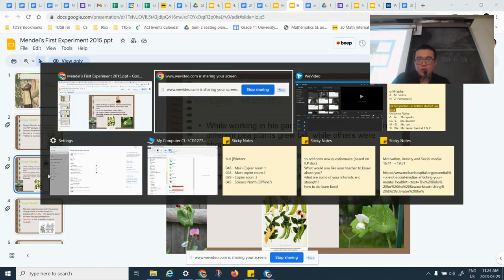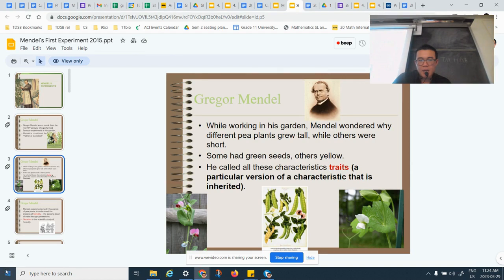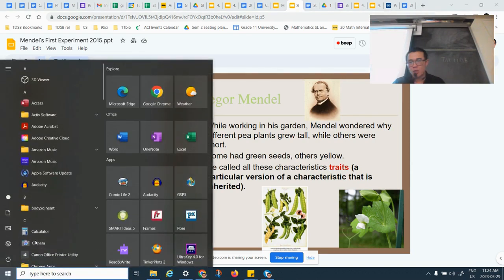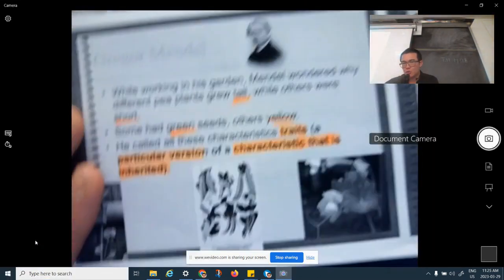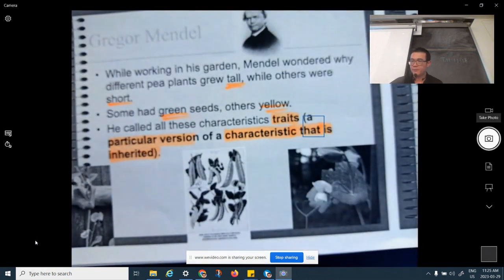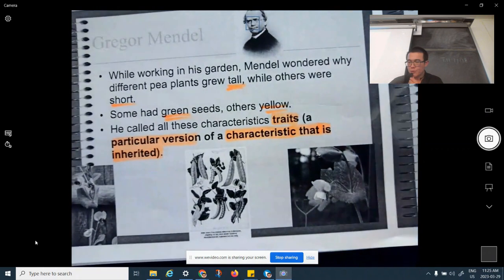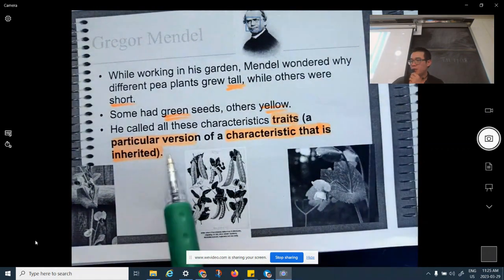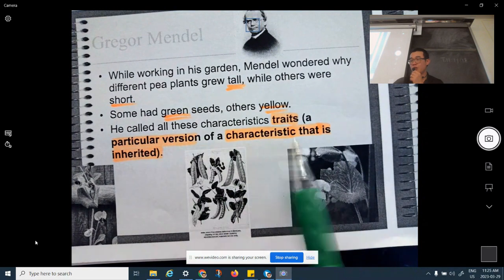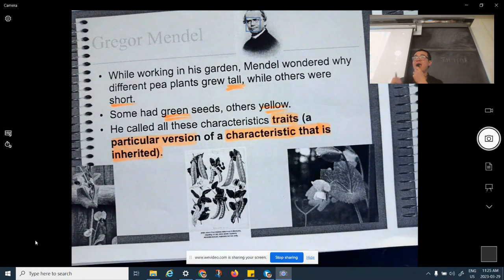The word traits, make sure you underline it, because that's terminology you do need to know. When we're talking about traits, we're talking about a version of a characteristic that is inherited.